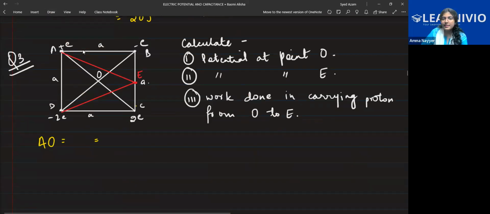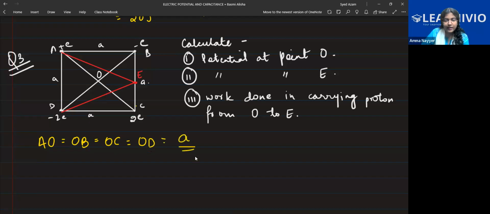A root 2? That is AC. I'm asking AO. Oh, A by root 2.